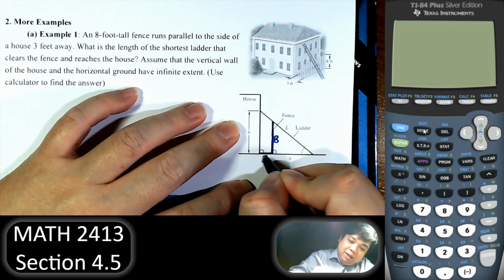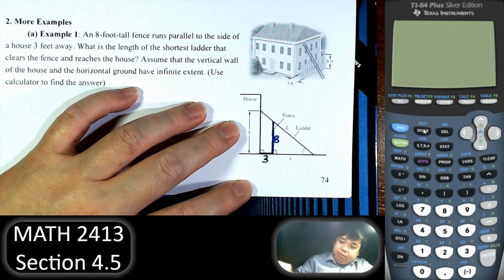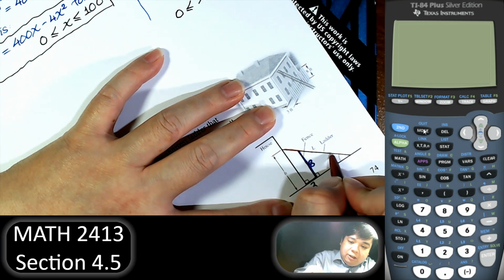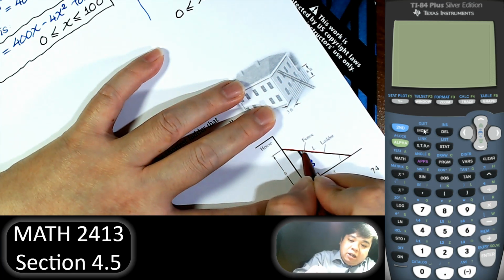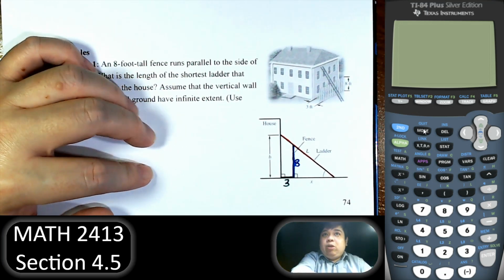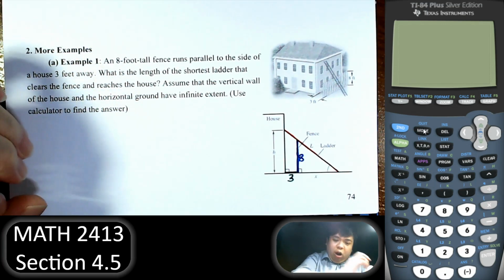But now the fence is 3 feet away from the wall. Now we'll try to find the ladder, and we'll try to minimize the ladder here. Okay, so that sounds like an interesting problem. Now, this is a little more complicated.